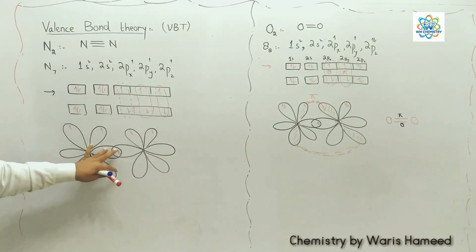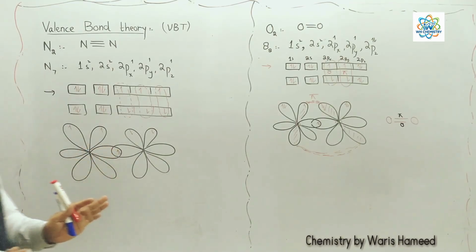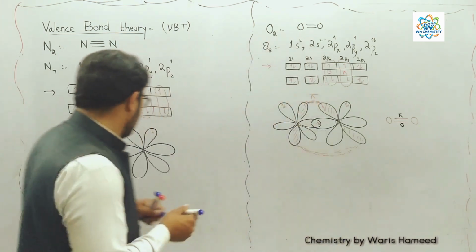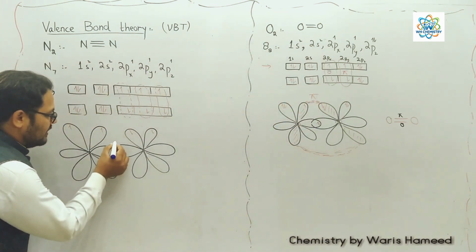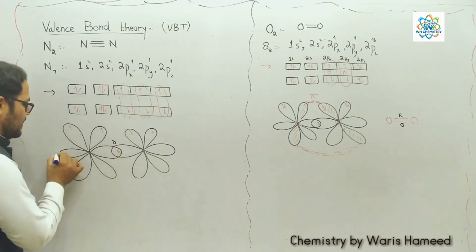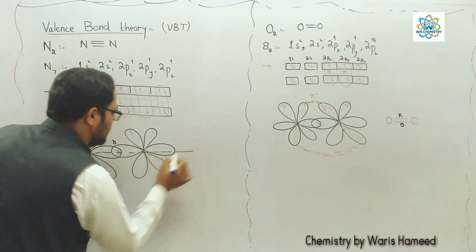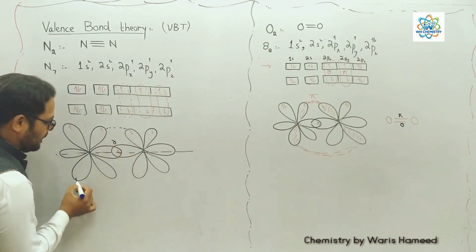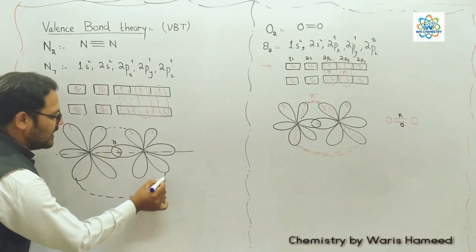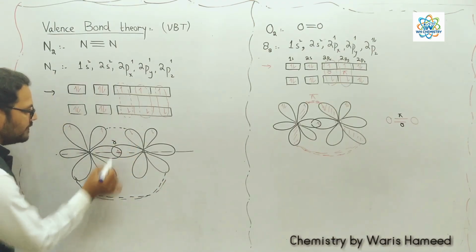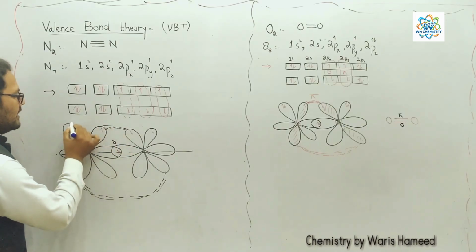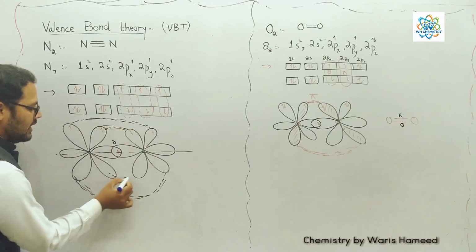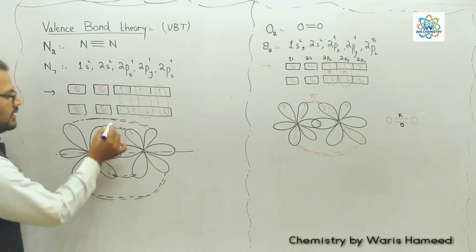It is understood that px is overlapping with another px, forming a sigma bond. Then we can write here that it's a sigma bond between these two orbitals. Here is side by side overlapping between 2py and another 2py, and here is also side by side overlapping between 2pz and another 2pz.